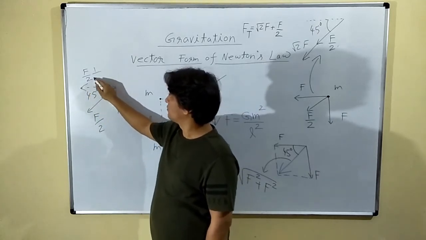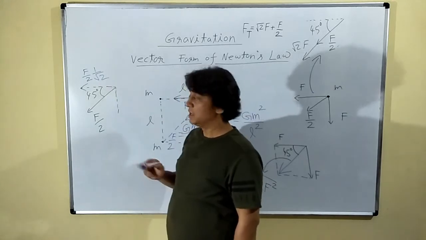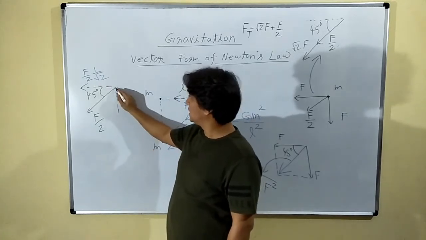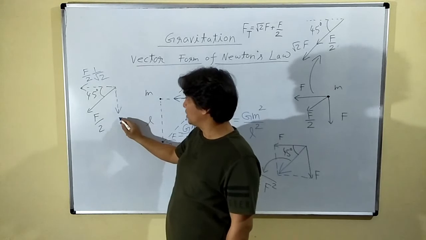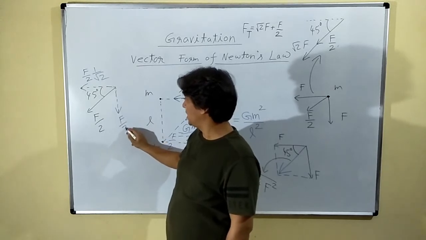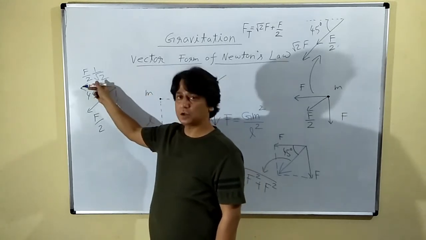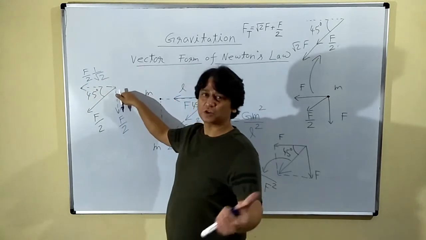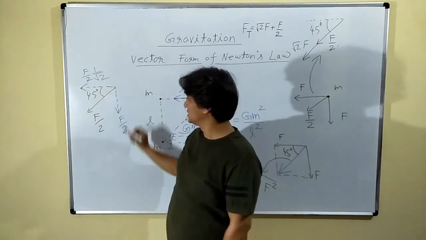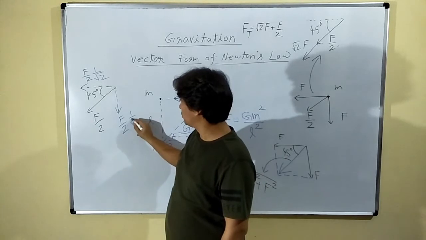What is cos 45? 1 by root 2. Similarly, its downward component will be F by 2 sin 45. But cos 45 and sin 45 are both the same.